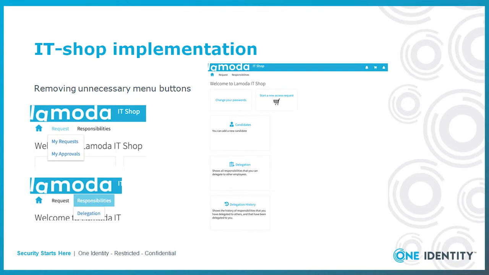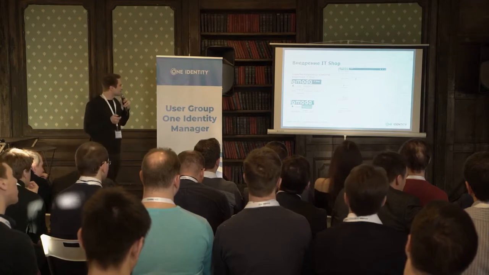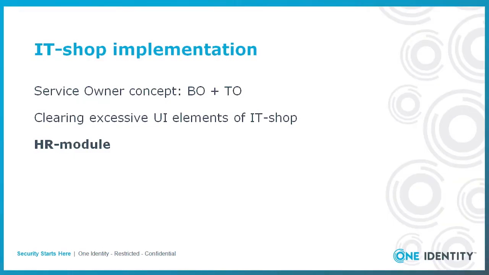In the drop-downs, we only have make requests or delegate access and a couple of buttons. So what they can do, they can request, they can approve access, delegate rights, look at the status of the request and change their profile data.